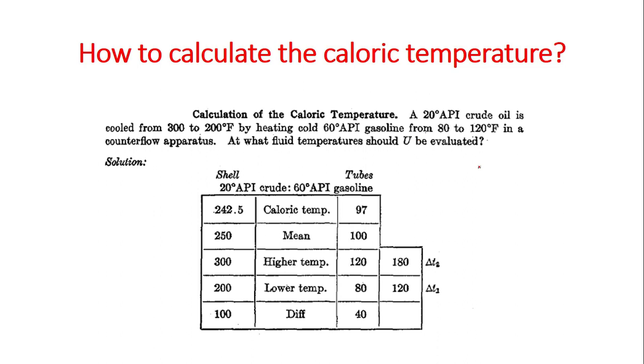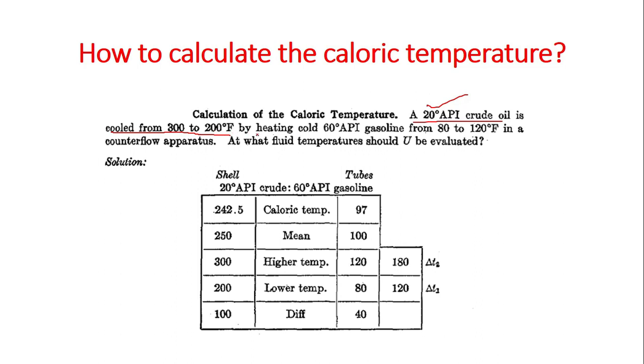Let me read the question statement. A 20-degree API crude oil is cooled from 300 to 200 Fahrenheit. So this is the hot fluid, which comes out of the heat exchanger in cooled form; from 300 to 200 its temperature is decreasing.